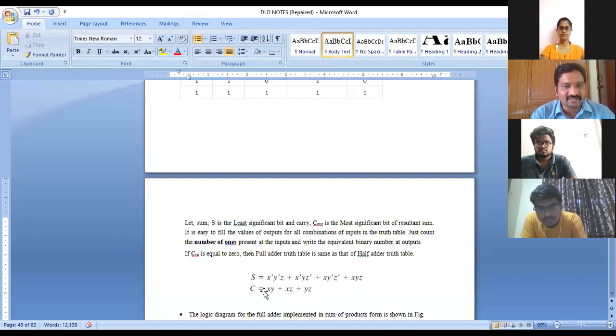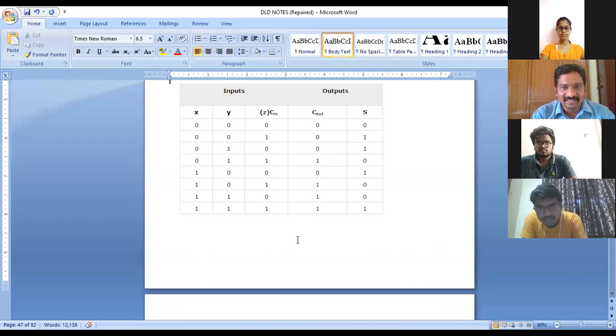Here for carry also, wherever the 1 is there, we take it: simply x z, x y, y z. So the carry will be there.